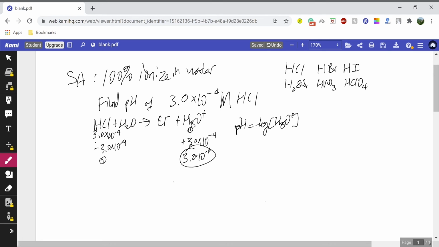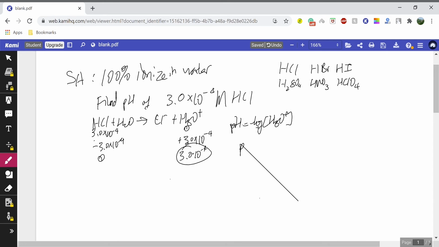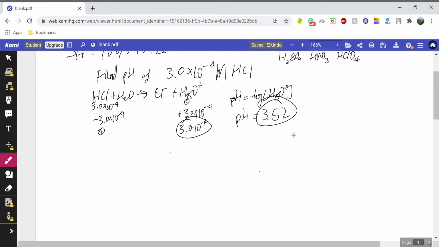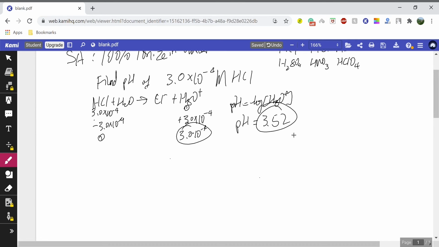So all we have to do is take the negative log of this, 3.0 e to the negative fourth, and we'll get a pH of 3.52. And that's it. So basically just use the concentration that you're given, taking the negative log of that, and that is your pH.